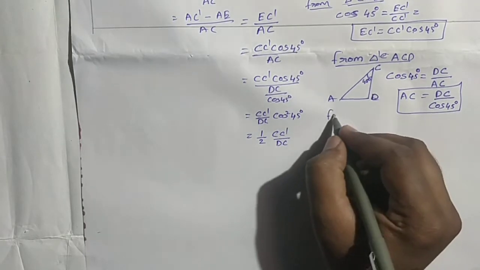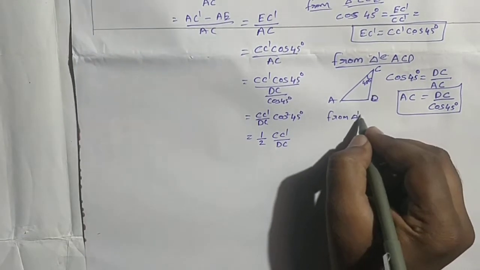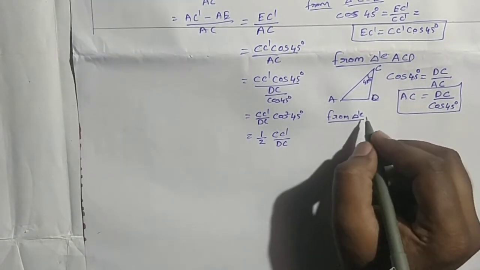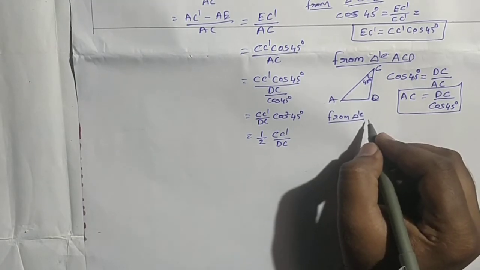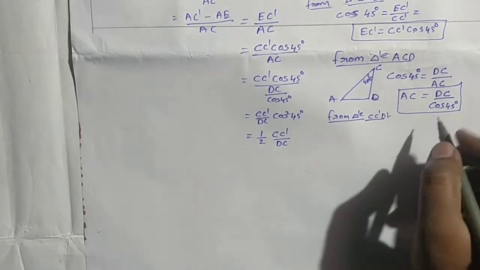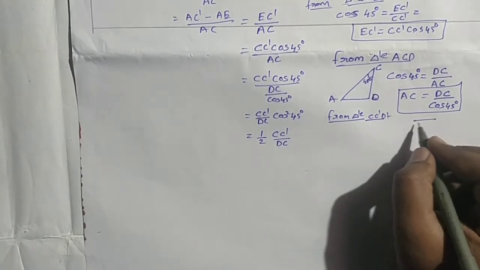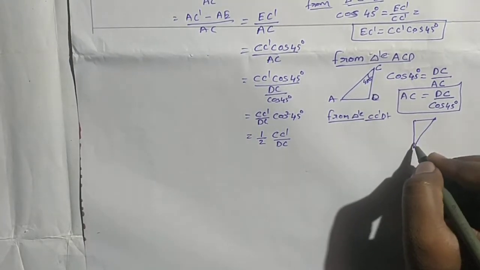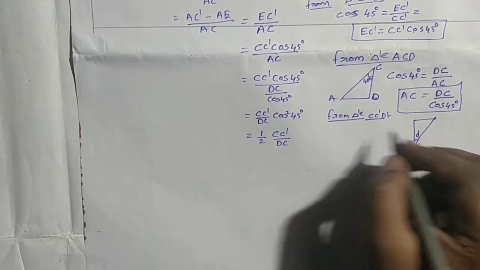From triangle CC dash D, this angle is phi.